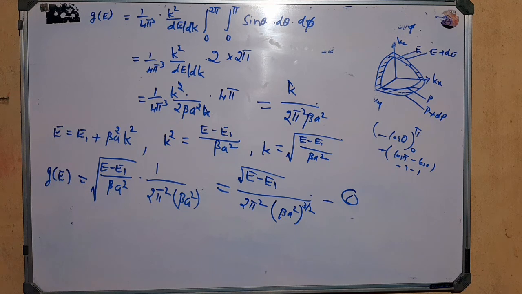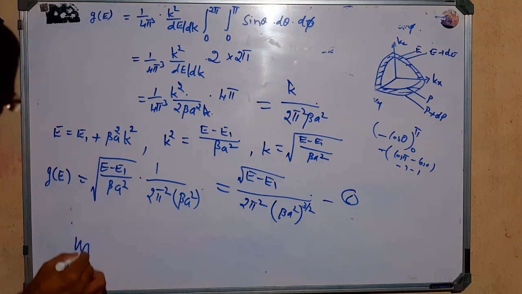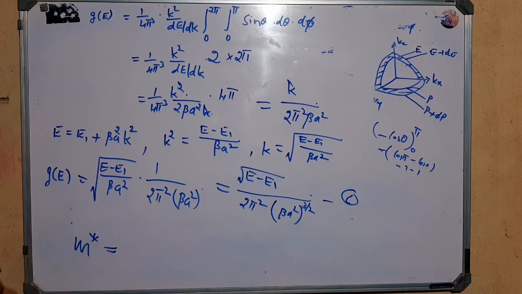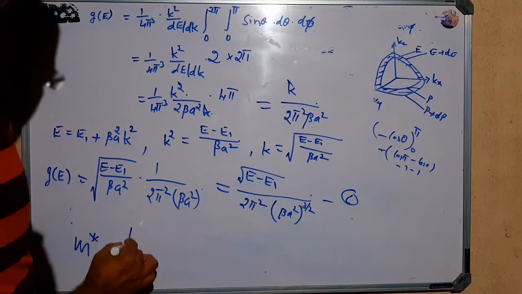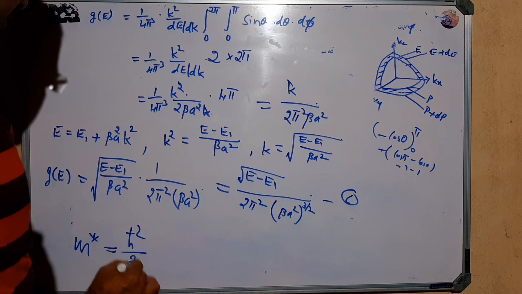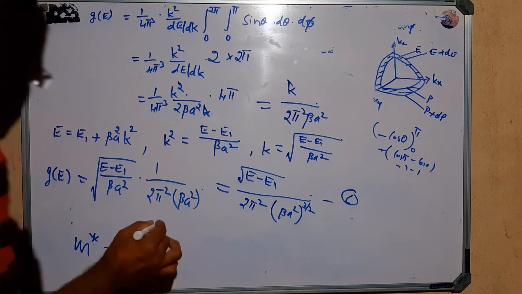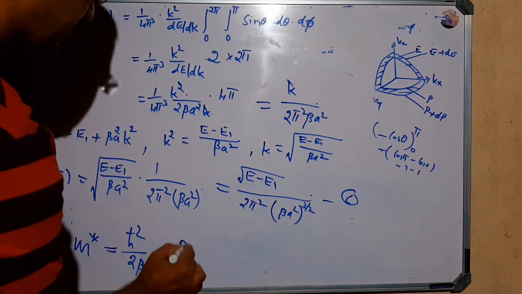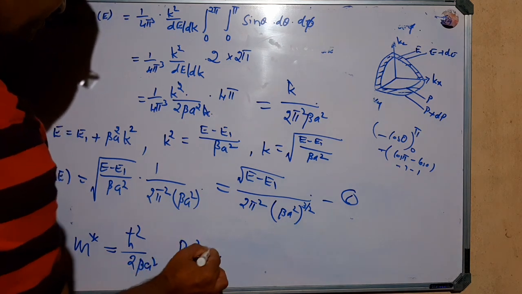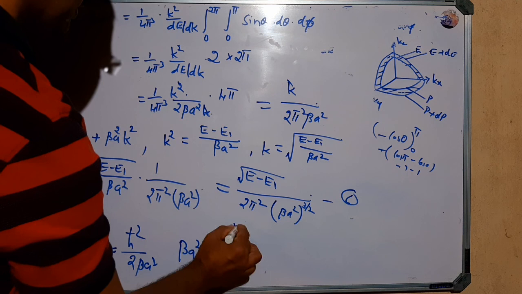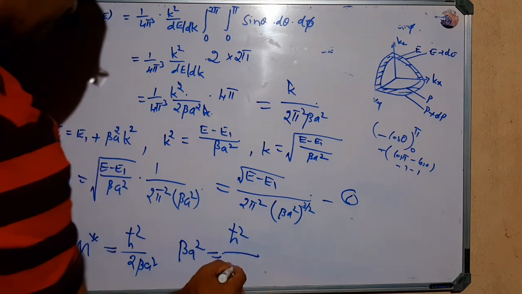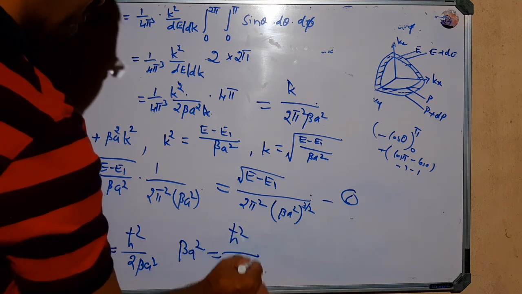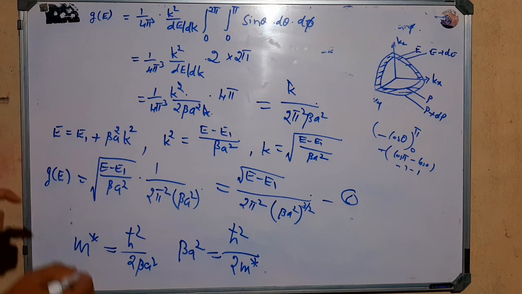Okay. Now, we know that effective mass m star is equal to h cut square divided by 2 beta a square. From this you can write beta a square is equal to h cut square divided by 2 into m star. Right.